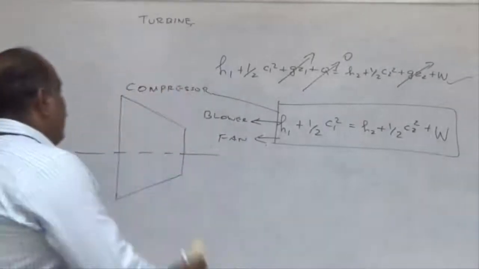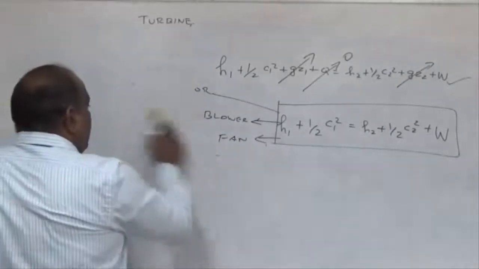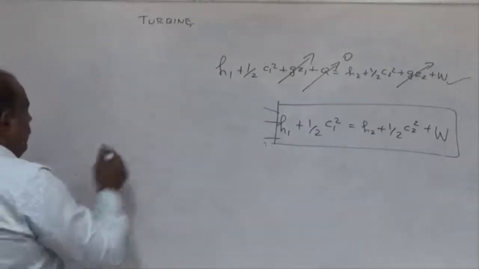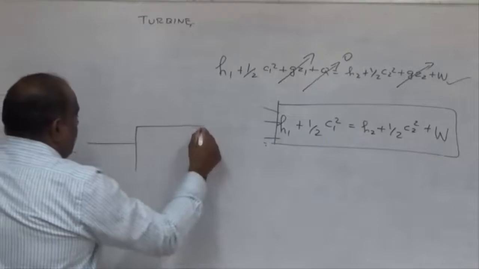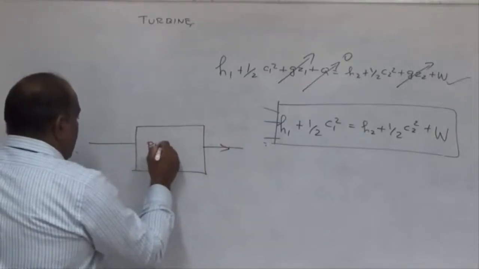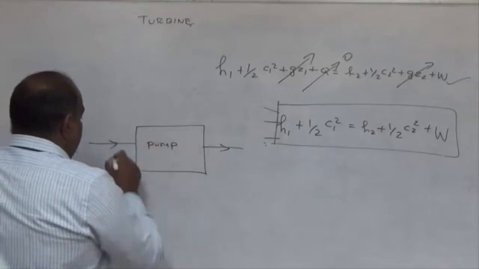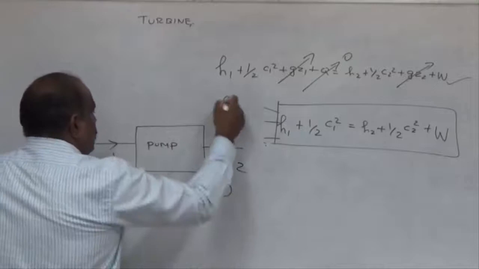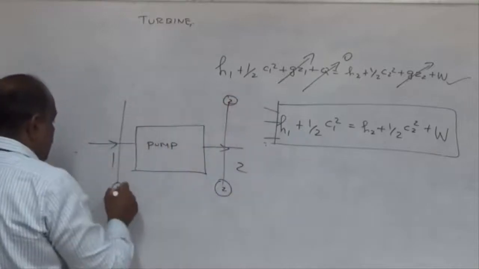Okay. Can I go for the pump? Instead of compressor, fan, and blower, let us go for a pump. I will sketch it normally. So it is a pump. It is 1, it is 2. So if you want to mark, you can mark this 2. It is 1.